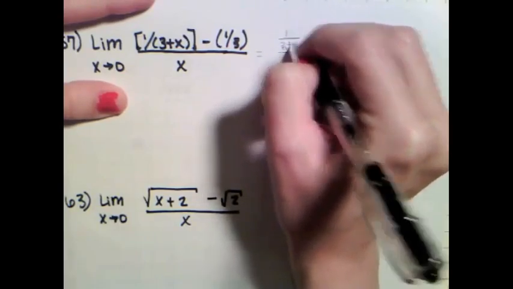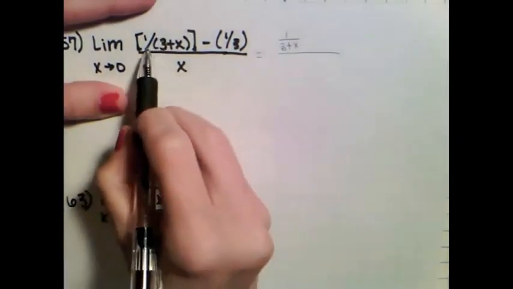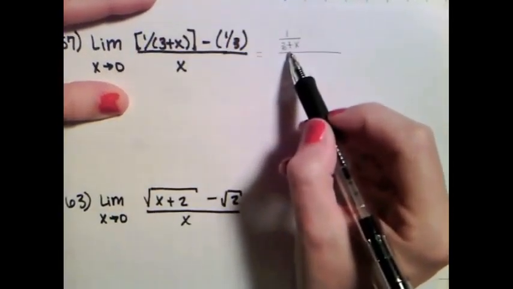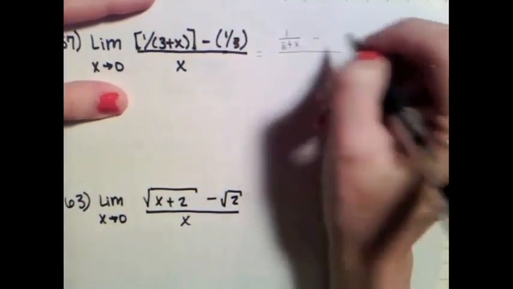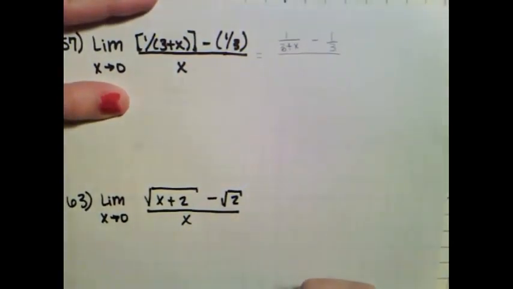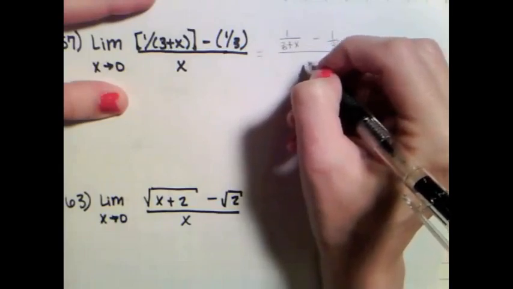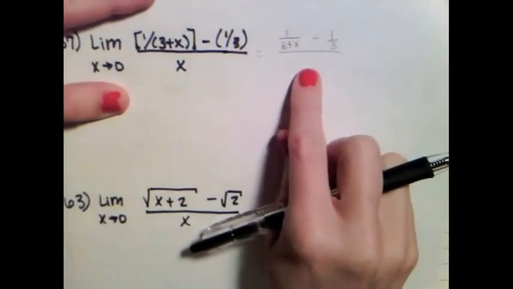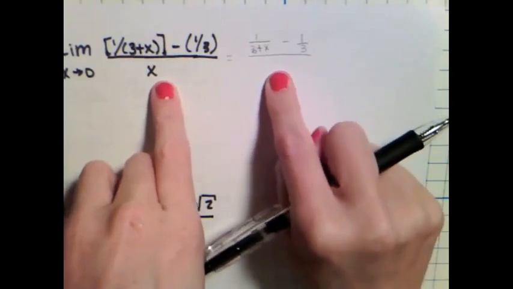Instead of a slant line for division, I'm going to write it as 1 over 3 plus x, and then minus 1 over 3. I'm not going to write the x here for a little bit, because I just want us to concentrate on the numerator.